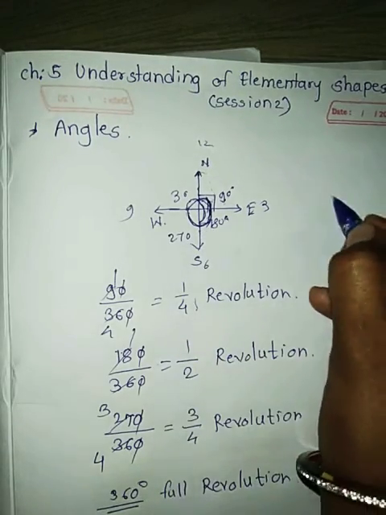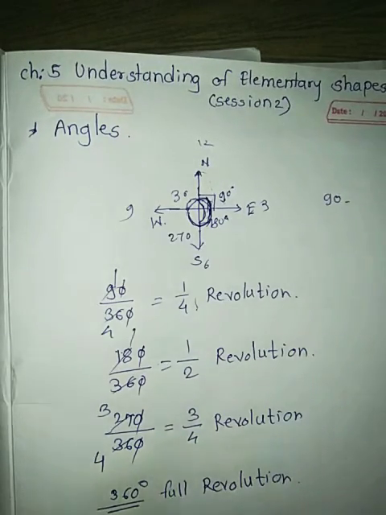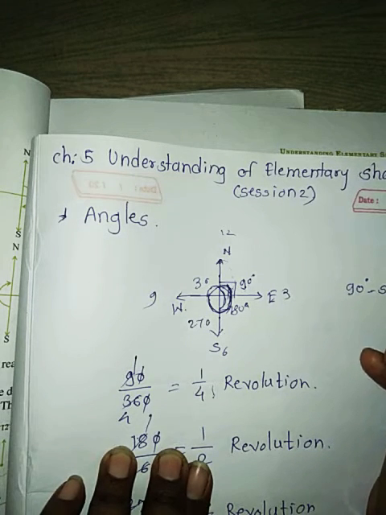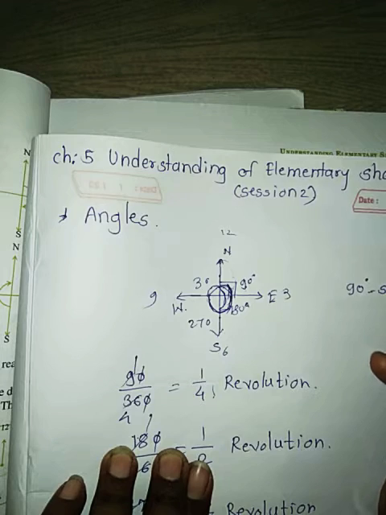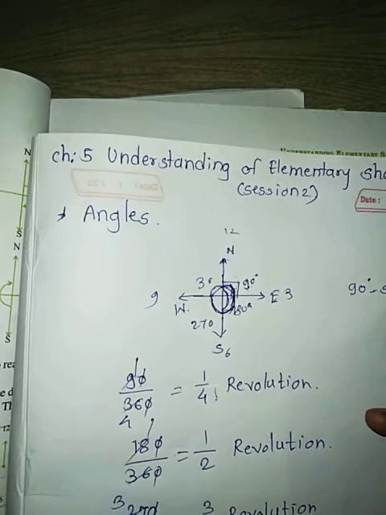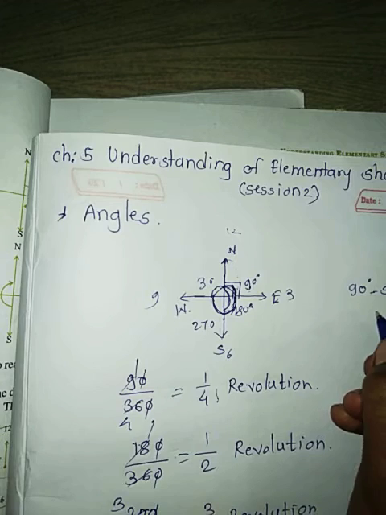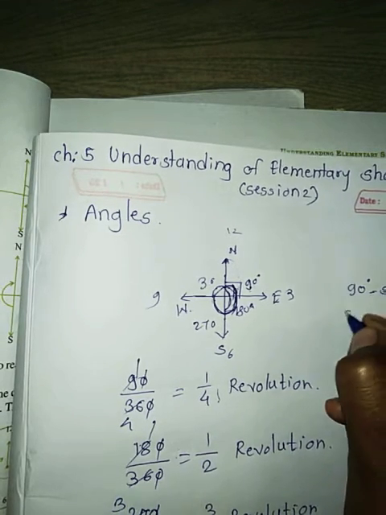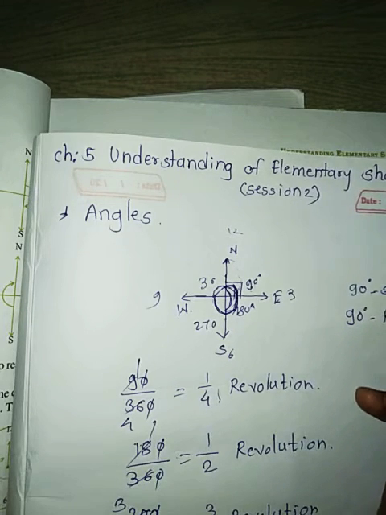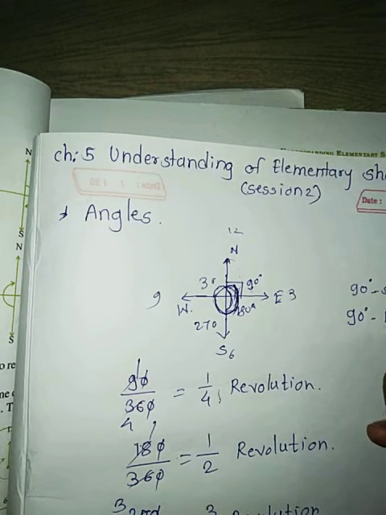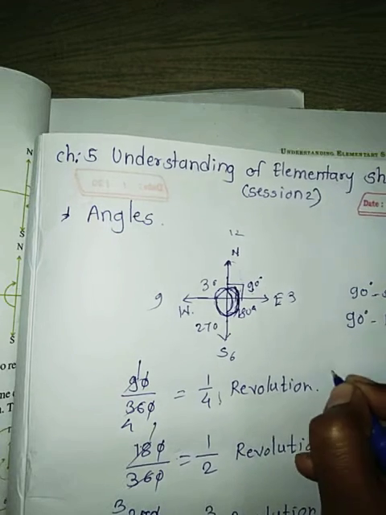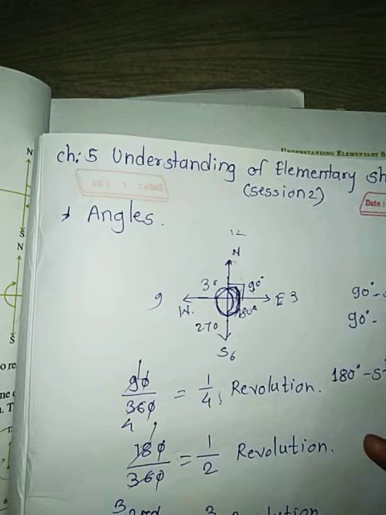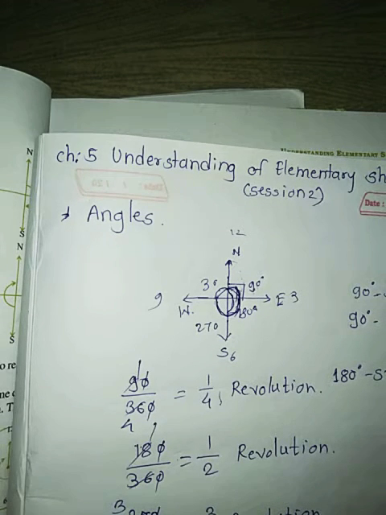90 degrees is a right angle. 180 degrees is a straight angle.